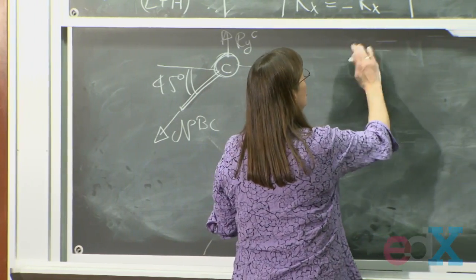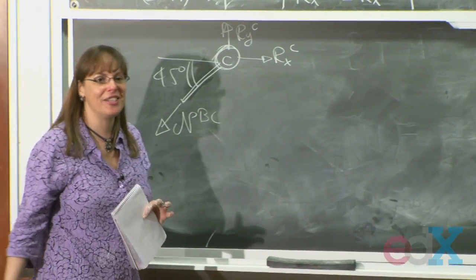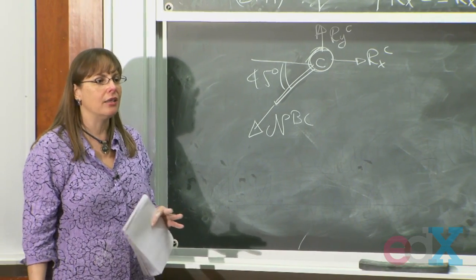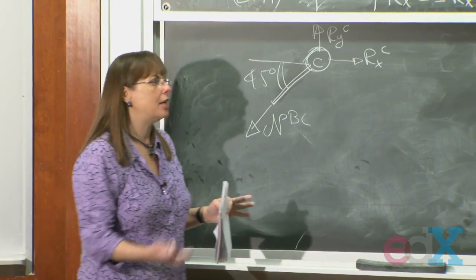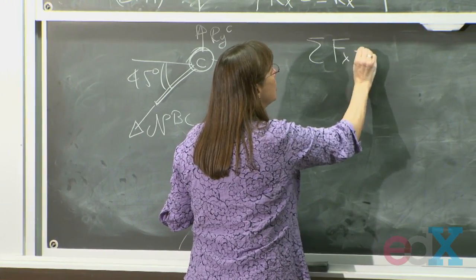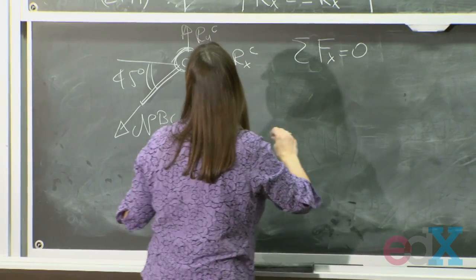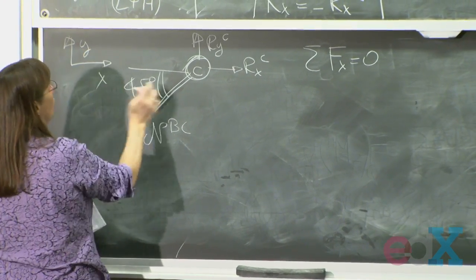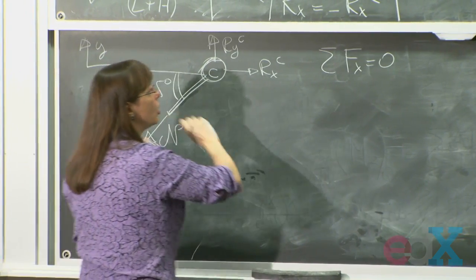Okay, so you say, well, that was very smart of you. Now you got another unknown. You had one extra, now you got another. And I say, yeah, but I got equations. I can say the sum of the forces x must be 0. So remember, your axes are always x and y. When you draw your free body diagram, draw your axes.